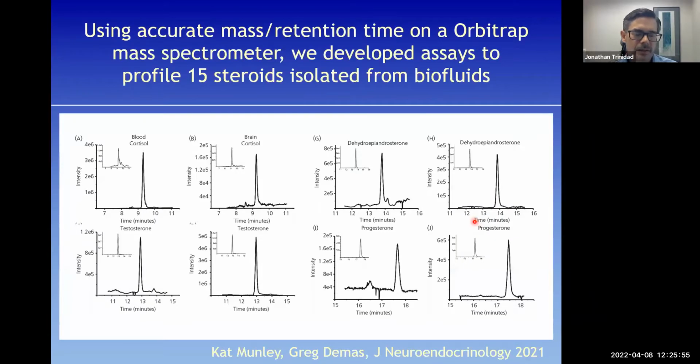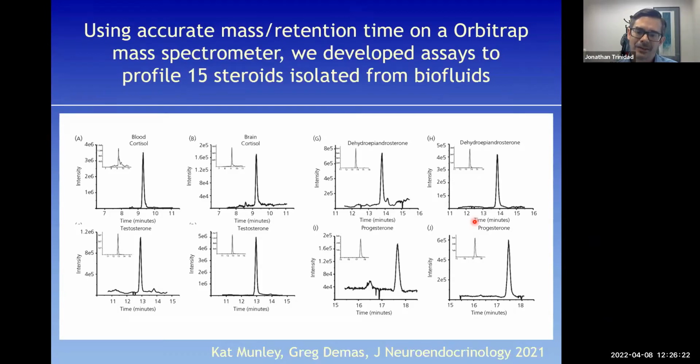But just as a straightforward example, a collaboration with Greg Demas in biology here. They wanted to look at a range of steroid compounds. They've done multiple experiments over the years, but as a function of light-dark cycle as a proxy for seasonality.